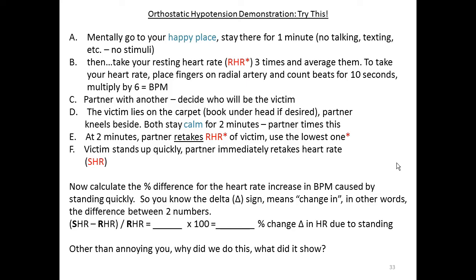But this is kind of the reason for it, because you think about all the blood in your body, the majority of it is below your heart, and if your heart can't compensate properly as you move from a lying position to a standing position, then that's an issue. If you do have issues with getting lightheaded, then don't do this exercise. But you'll be surprised at the percent that your heart rate has to jump to just compensate for going from lying to standing.